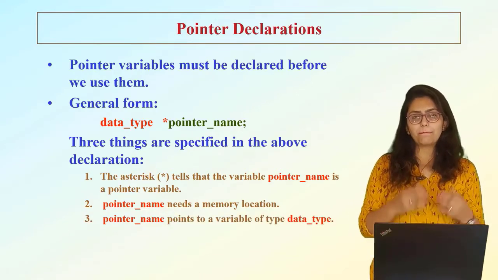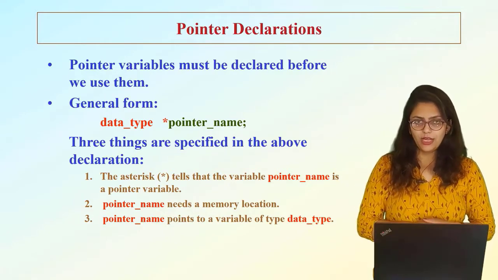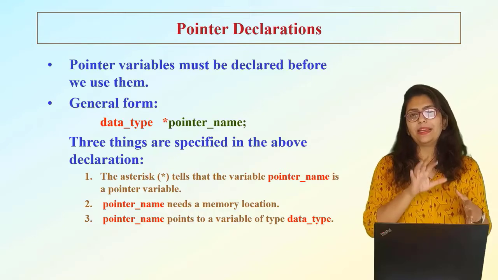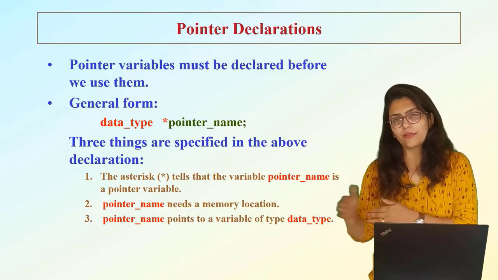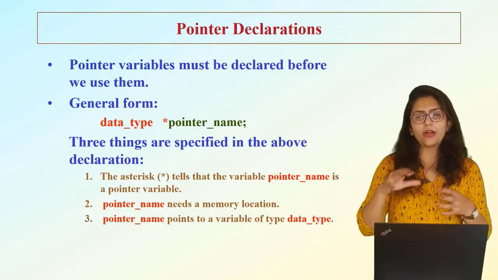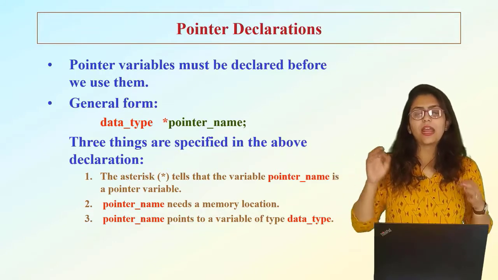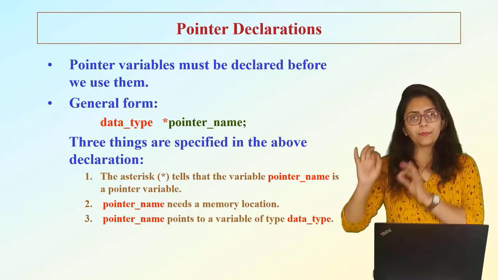Suppose my pointer is pointing to an integer variable, then the data type of my pointer will be integer. Suppose my pointer is pointing to a float variable. If xyz is an integer, you have to write int *p. If xyz is a float, you have to write float *p.